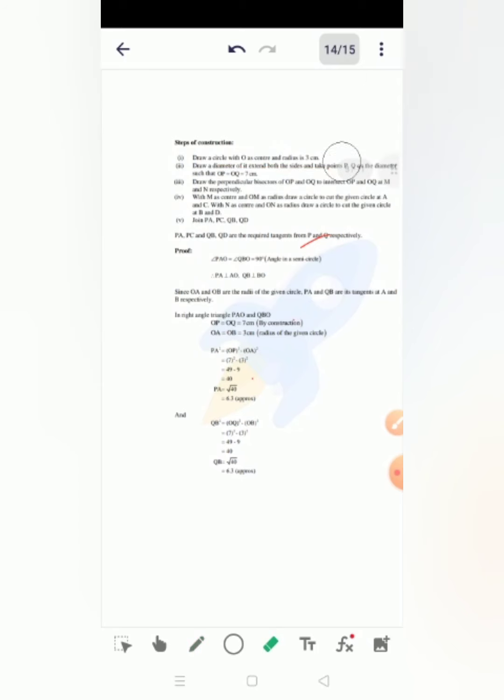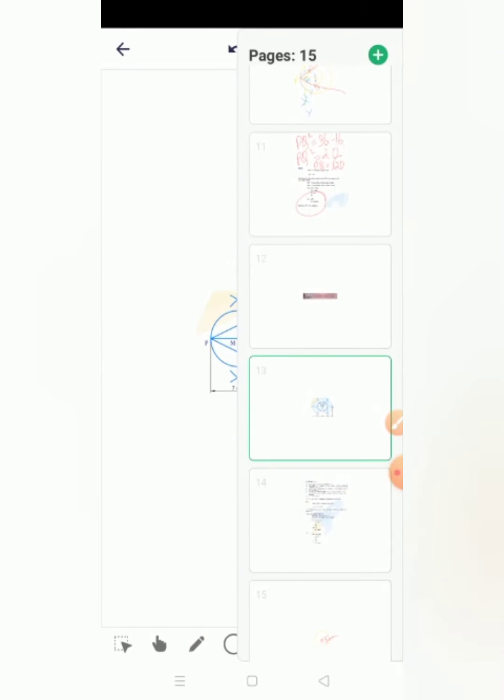They are telling us to take the diameter and extend it on both sides.